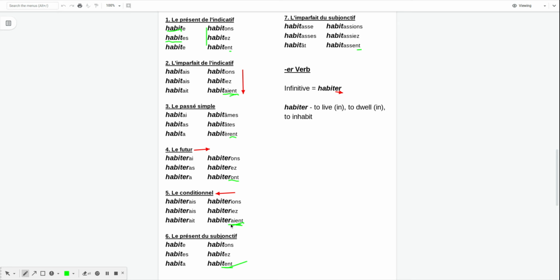And you also notice that the first two letters of that ending happen to be the first person singular of the verb avoir. In fact, you'll see that pattern repeated over here a lot for, say, le passé simple.